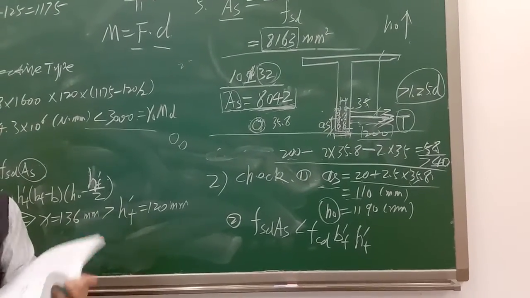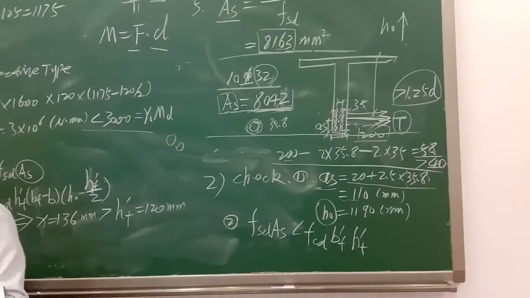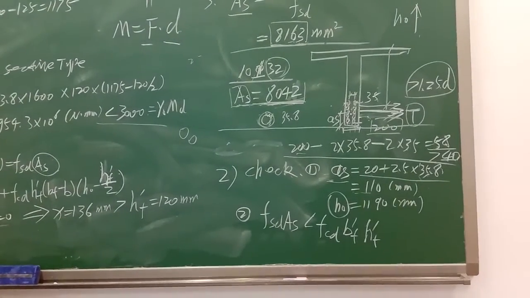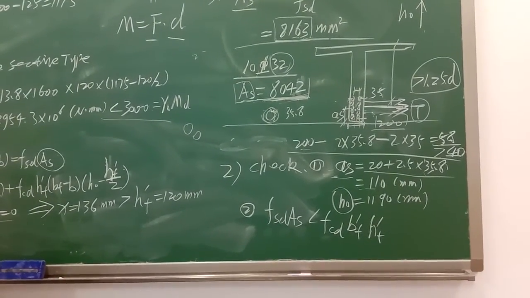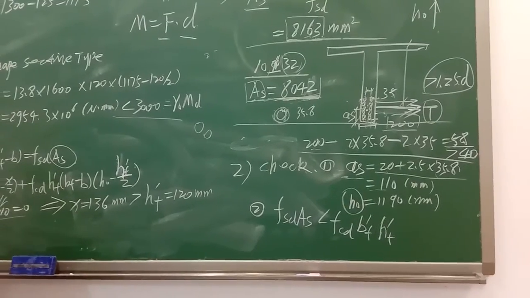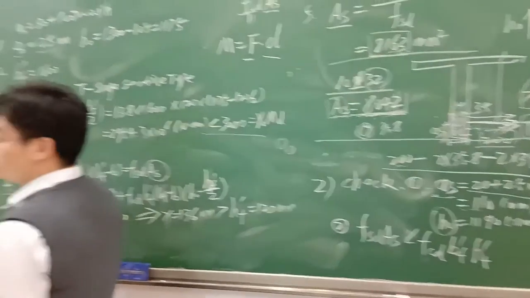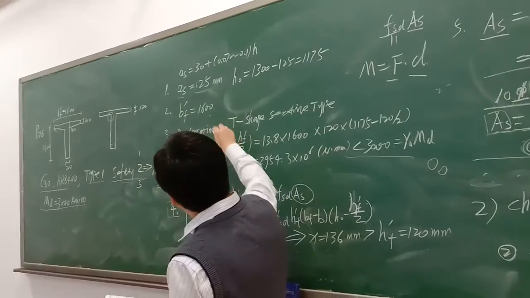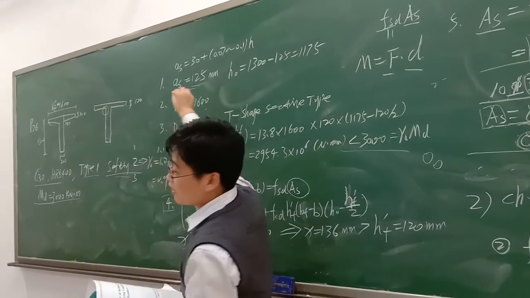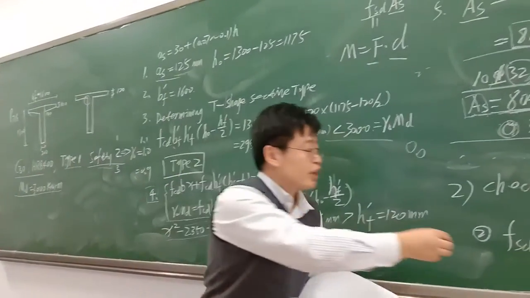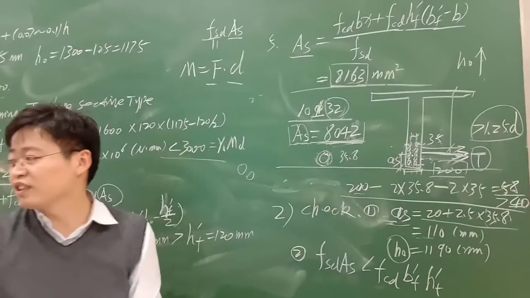You already found it here as type 2, using the assumed AS. Now use the real AS, because the AS changed.